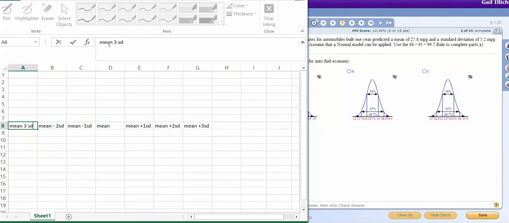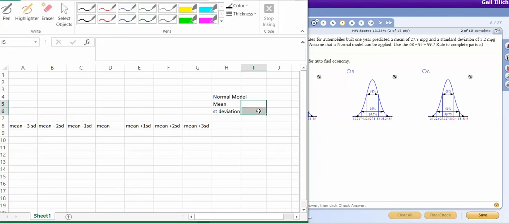So if you're being smart here, we'll build a little calculator so that no matter what the given mean and standard deviation are, it'll compute these numbers for us. So I'm going to go over here to the side and write a normal model. And then I'll put mean and then standard deviation, and I'm going to have that input in these cells right here in I5 and I6.